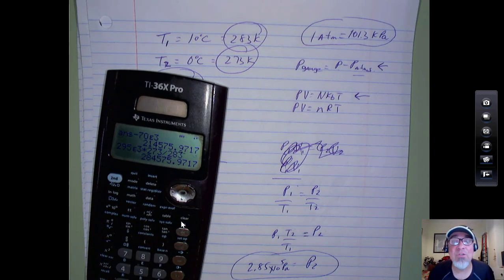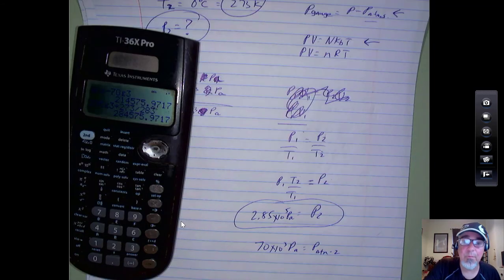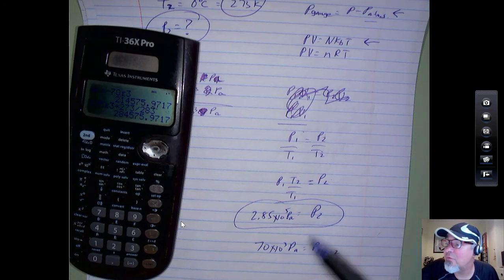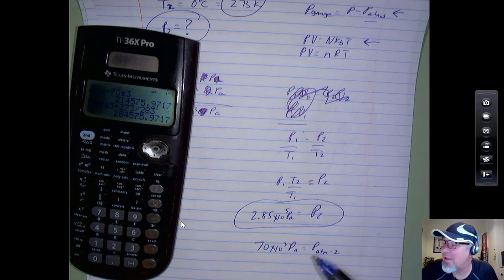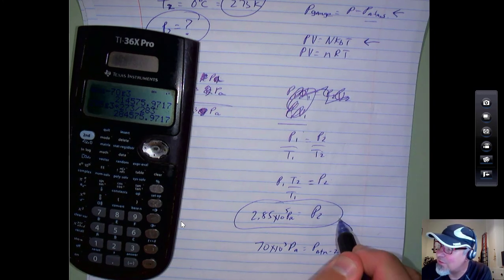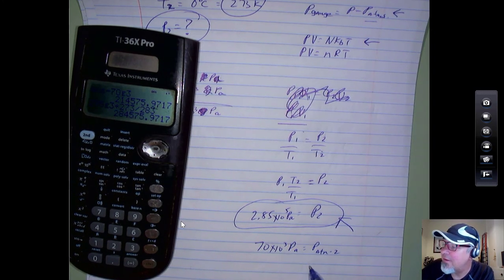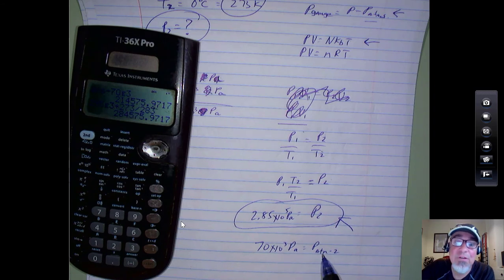They're actually asking for the gauge pressure. The local pressure actually was 70% of sea level atmospheric pressure, so 70 times 10 to the third pascals. So we'll have to take this absolute pressure and subtract off local atmospheric pressure to get the gauge pressure.